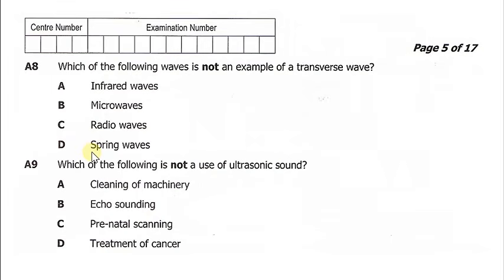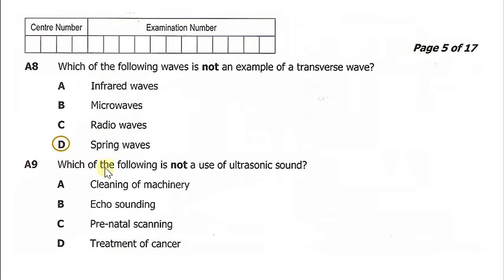Then spring waves must be longitudinal waves. So this is the answer here, because the question says which of the following waves is not an example of a transverse wave. Microwaves are radio waves as well. These are electromagnetic waves and are transverse waves.